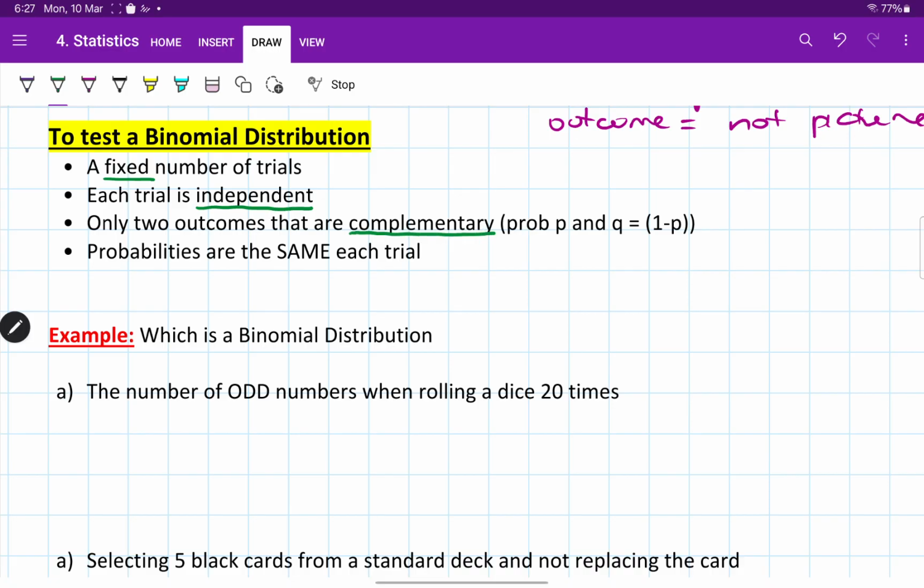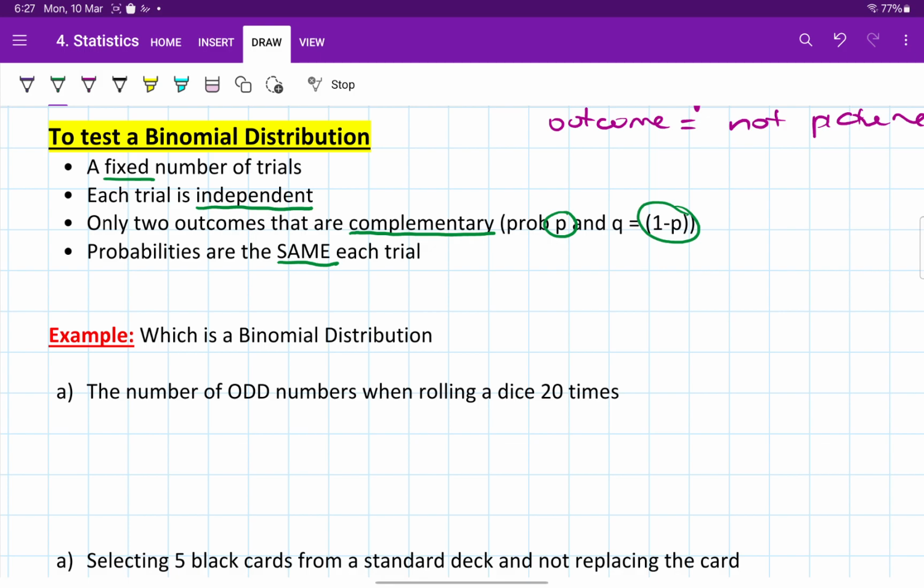That's part of the Bernoulli distribution. So you've got probability of getting P and 1 minus P. Okay, 2 outcomes, complementary. There we go. And the probabilities are the same each trial. In other words, the probability in trial 1 of getting a certain outcome is the same as the probability of getting that outcome in trial 10. Okay, the probabilities do not change as the number of trials change.